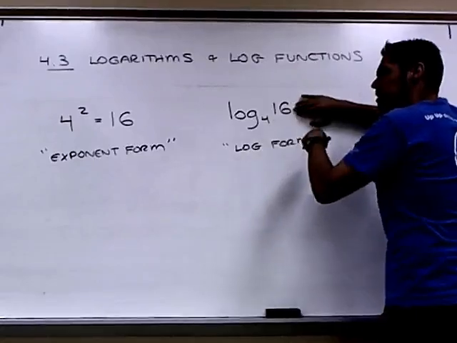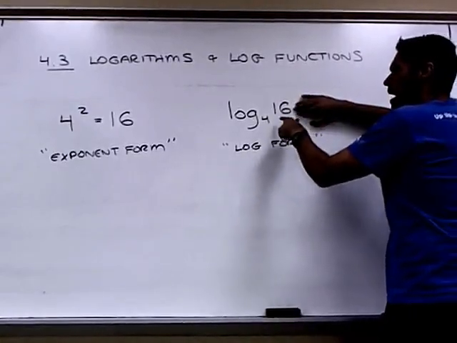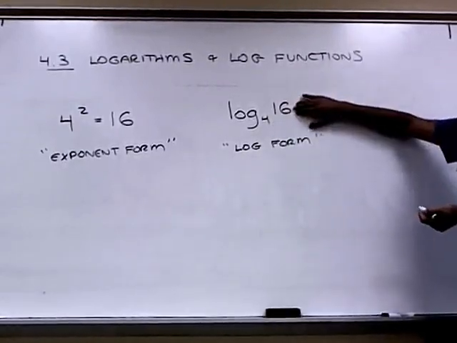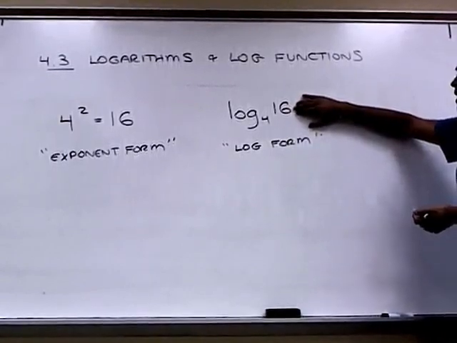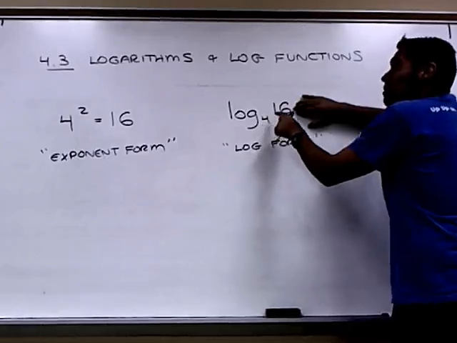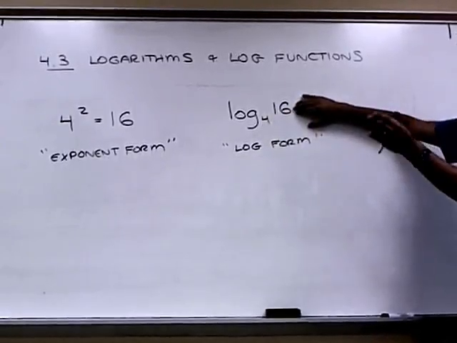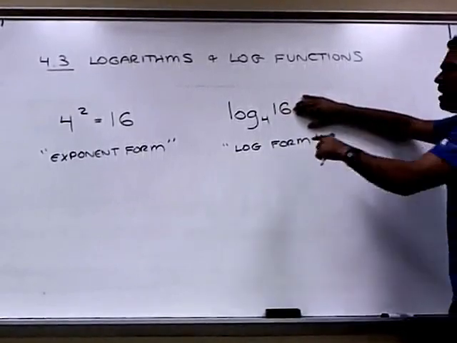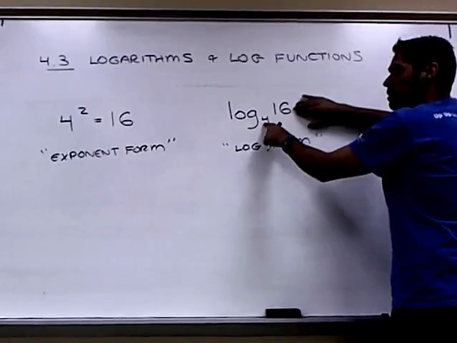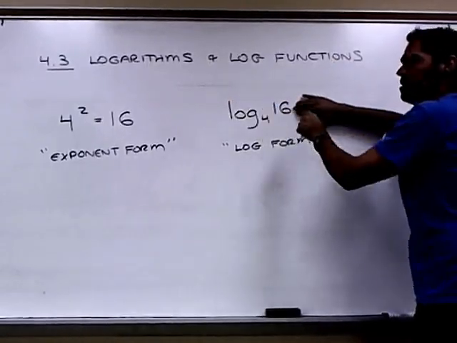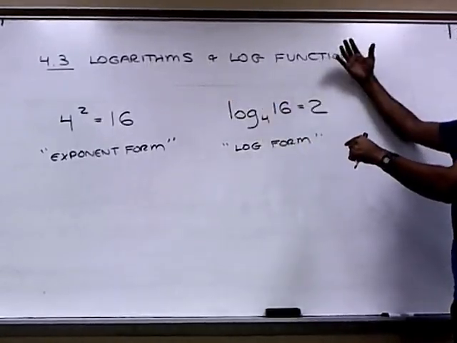But what is this really saying to you? How do I get 2 from just those two numbers? Am I saying 4 times what gives me 16? No, right? I'm saying 4 to what power gives me 16, and the answer is 2.